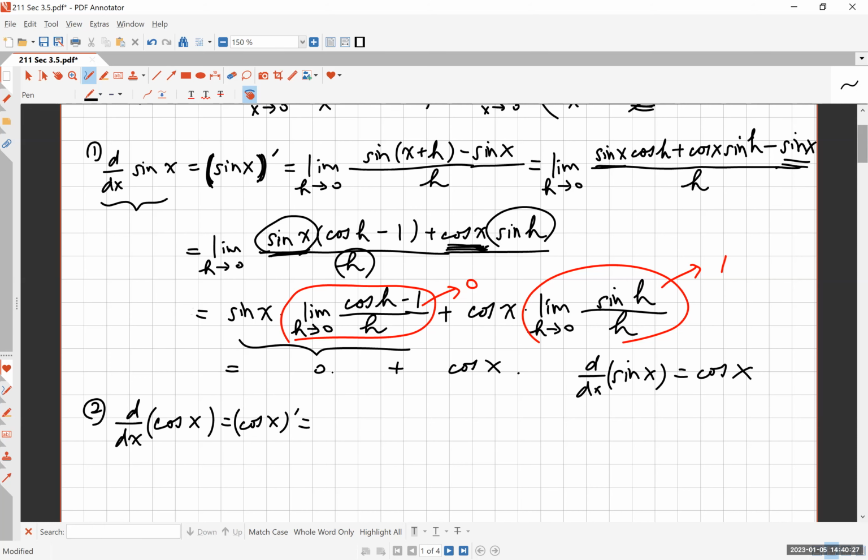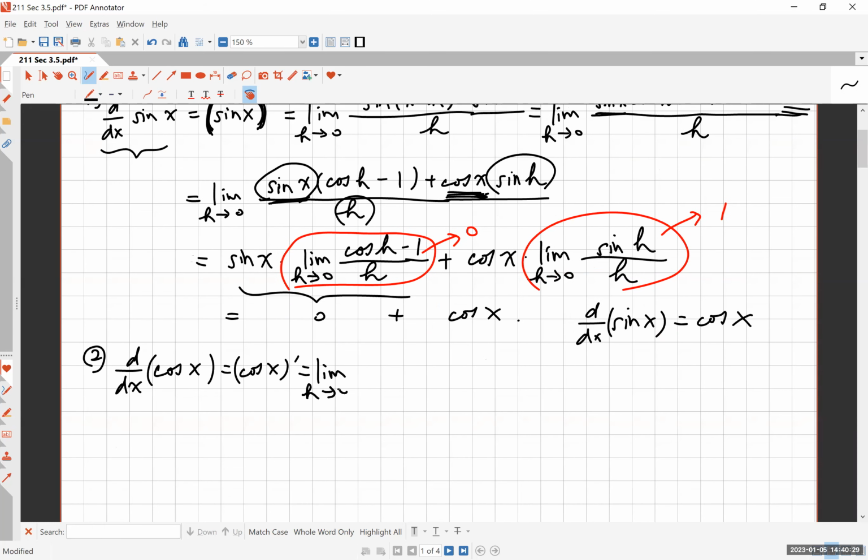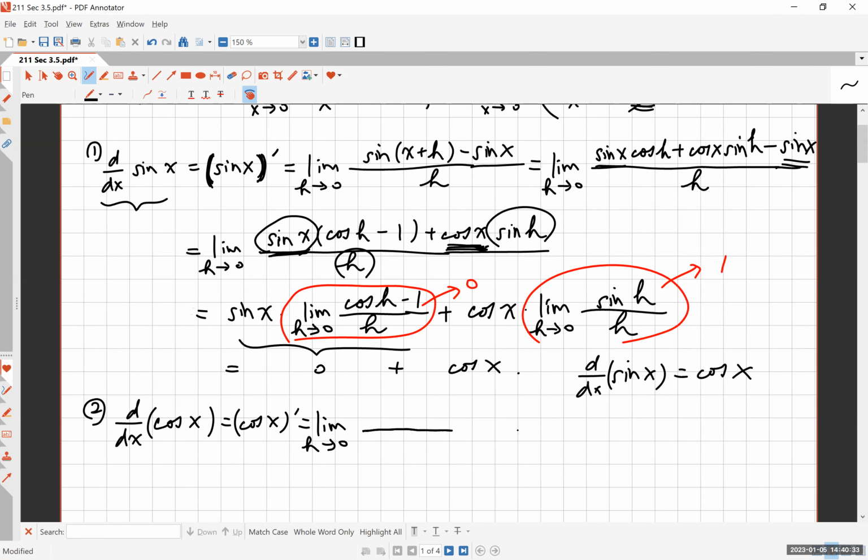Now that we know how to do this kind of thing, I think you can probably do this on your own. Maybe you should pause this video and try to work this out yourself. Cosine of x plus h minus cosine of x all over h. Okay, what's the next step? Probably use the angle sum formula for the cosine, right?